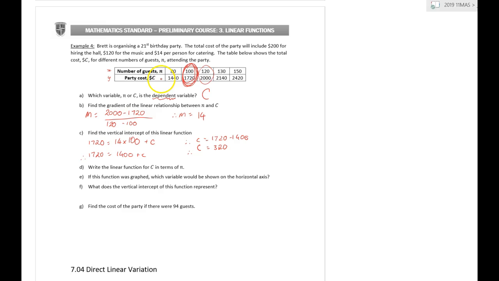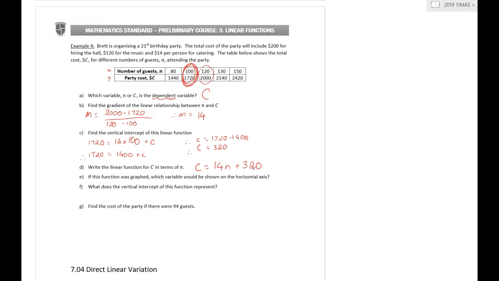If N came down to 0, C would be equal to 320. The linear function for C in terms of N has got to be C equals something, just the same as Y equals something else. So C equals 14N plus 320.